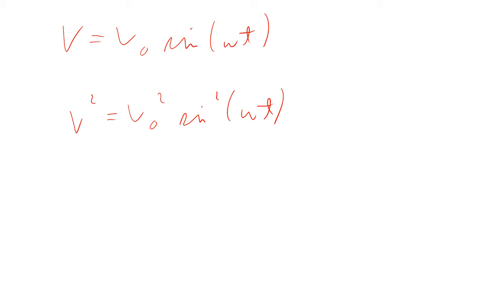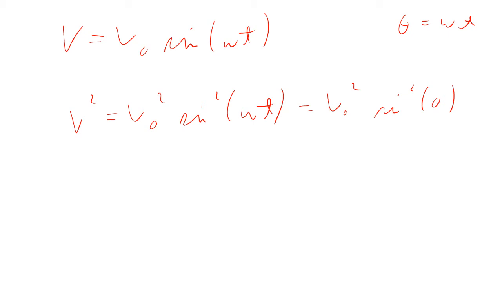And so we can go one step further and say, V0 squared sine squared theta, where theta equals omega t. We want to do an average of that over time.